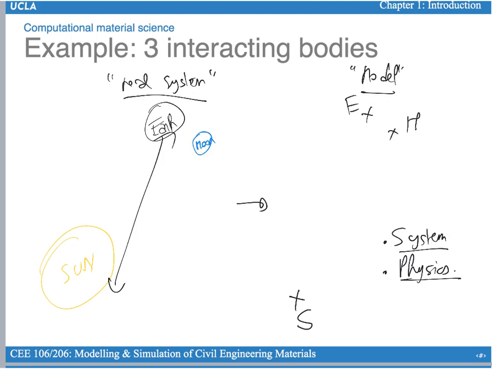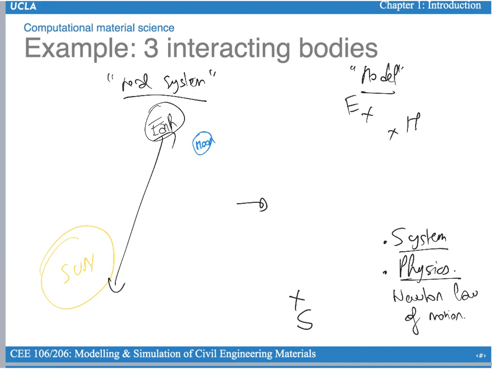But maybe, if you are just trying to simulate the motion of the Moon around the Earth or the Earth around the Sun, relativity doesn't matter. In this case, maybe just using the classical laws of mechanics, Newton's laws of motion, will be enough to simulate this given system.